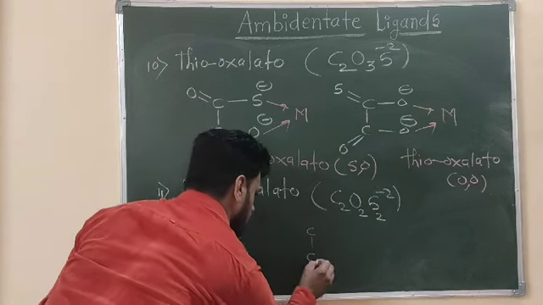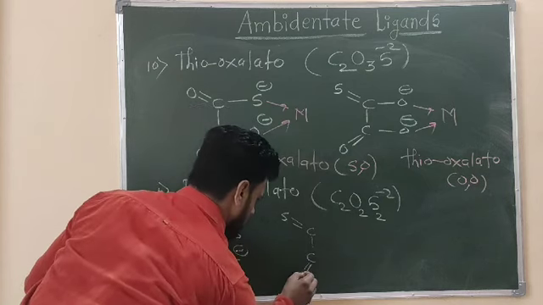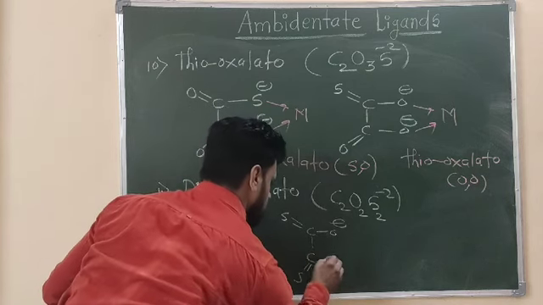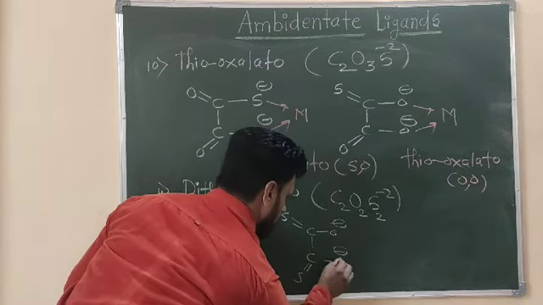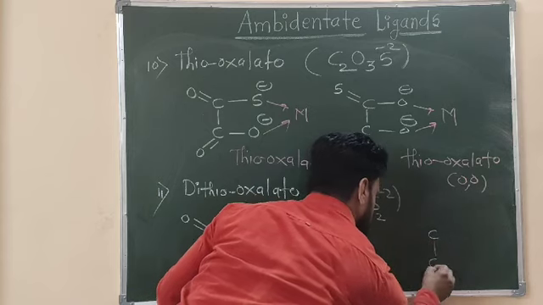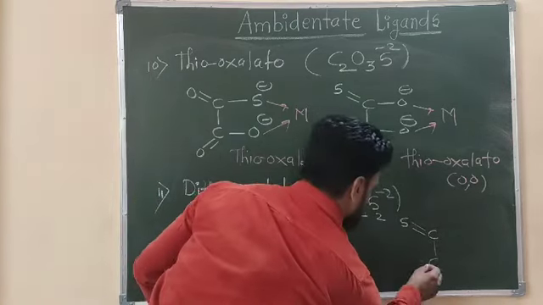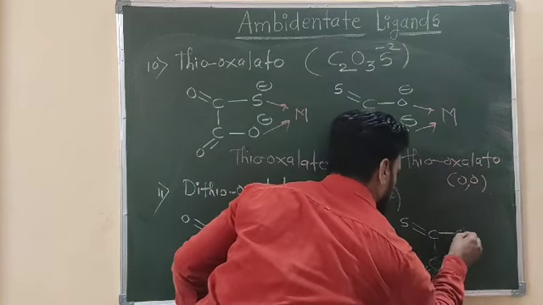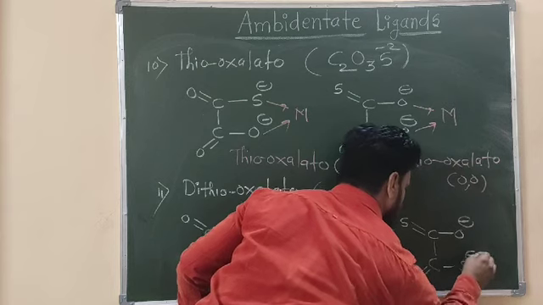Similarly here I can write double bond S and double bond S, and we have O minus and O minus. Next I will again slightly change the structure: C double bond S, and here C double bond O. So we have O negative and we have sulfur negative.